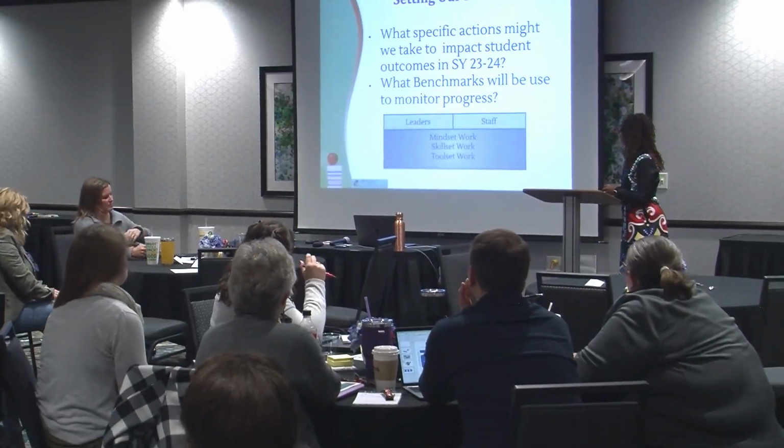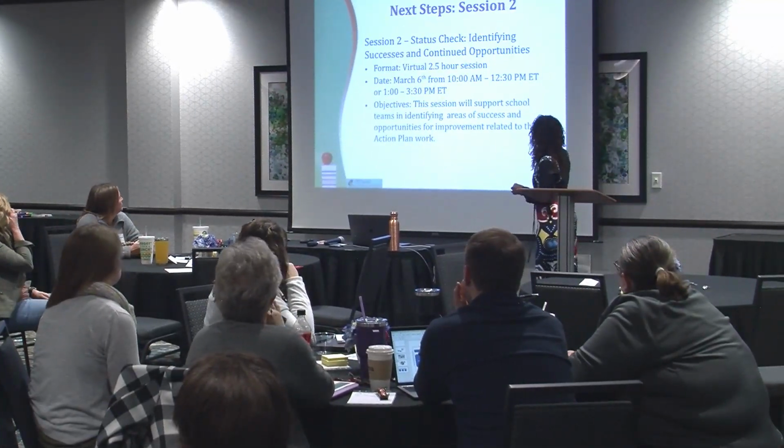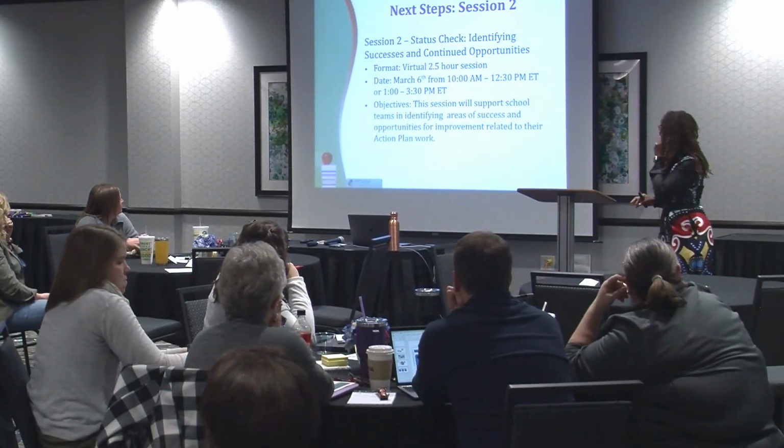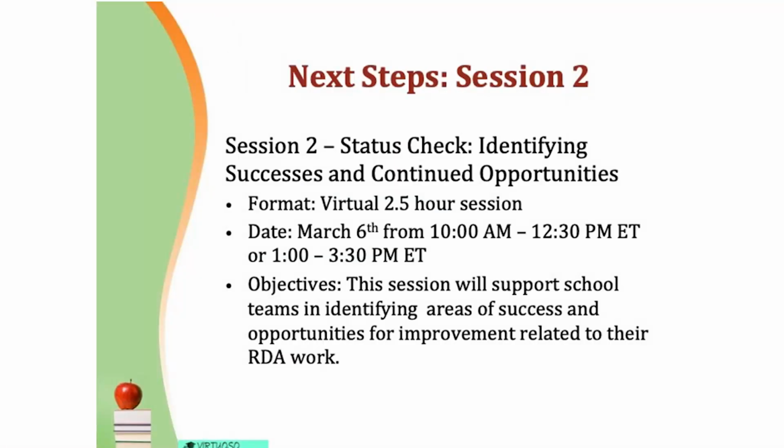We are doing this as a 3-part series. So our second session is virtual, and we're going to do that in March. You'll be able to sign up for either a morning time or an afternoon time. What you should be prepared to do in March is to report out on the specific action that you have decided to work on, the systems that you are planning for or have put in place to support that, and then how you're measuring that outcome.